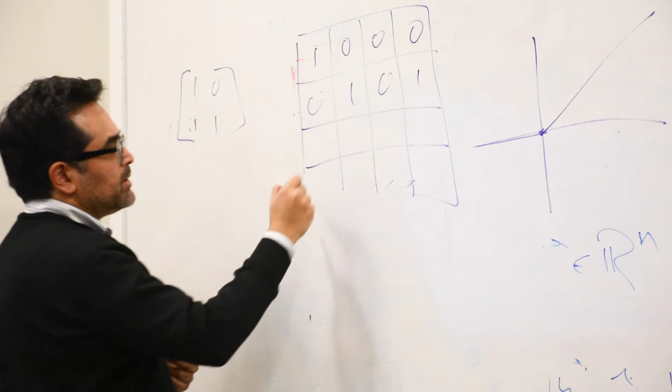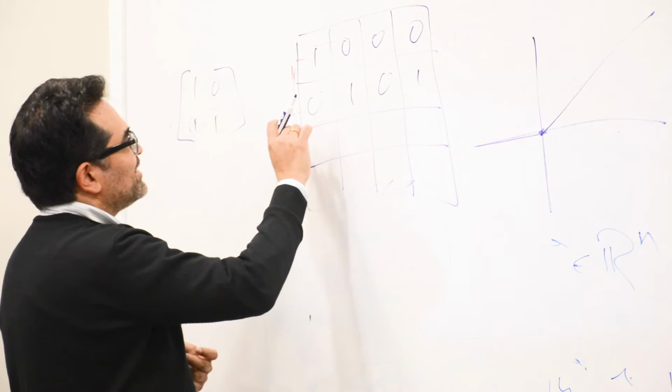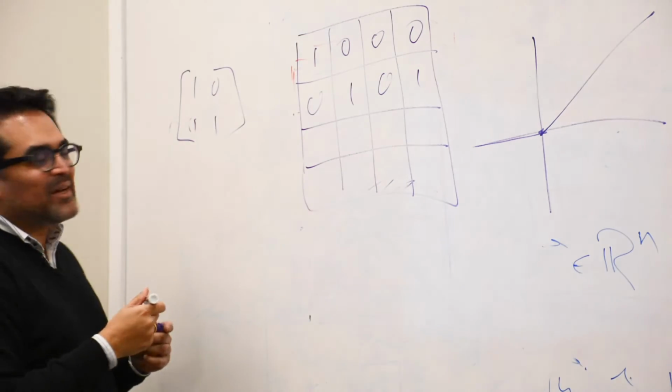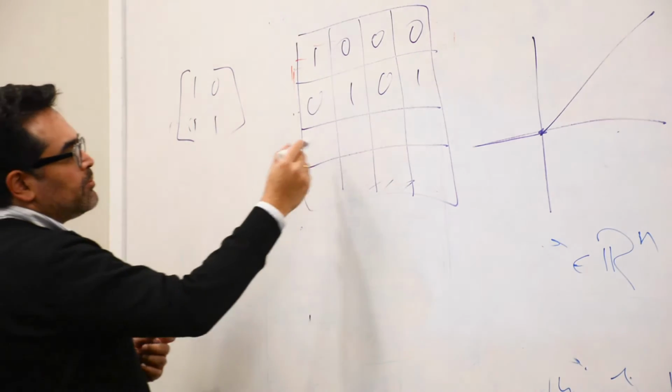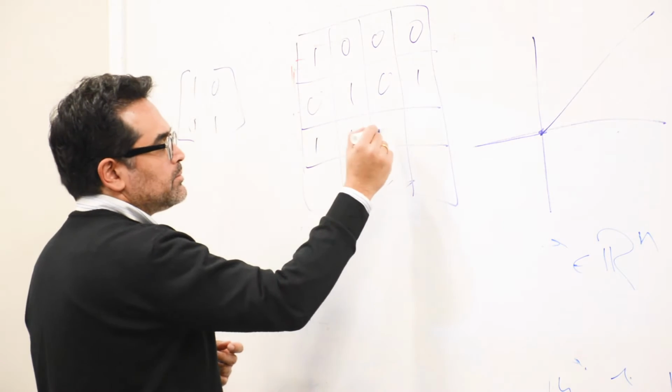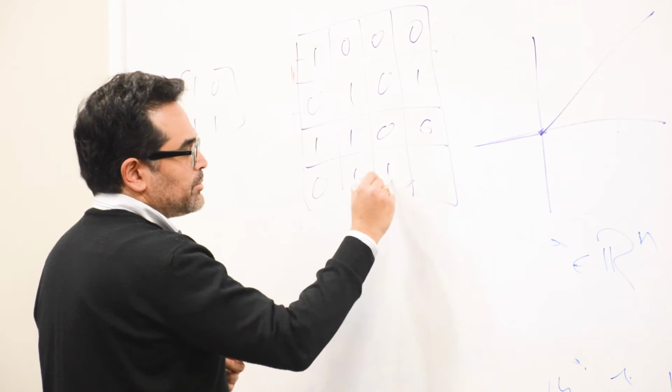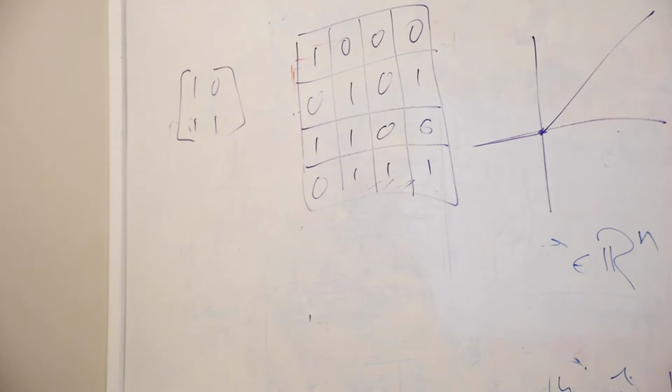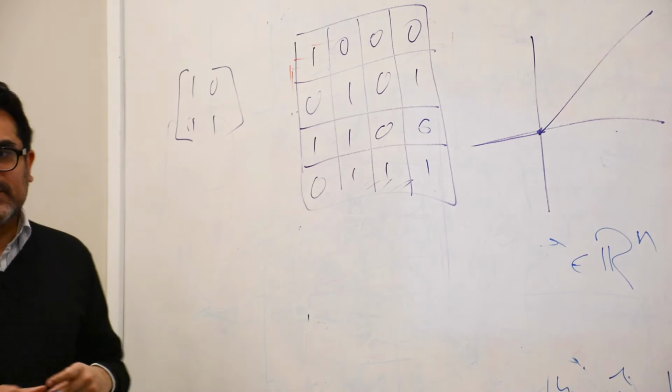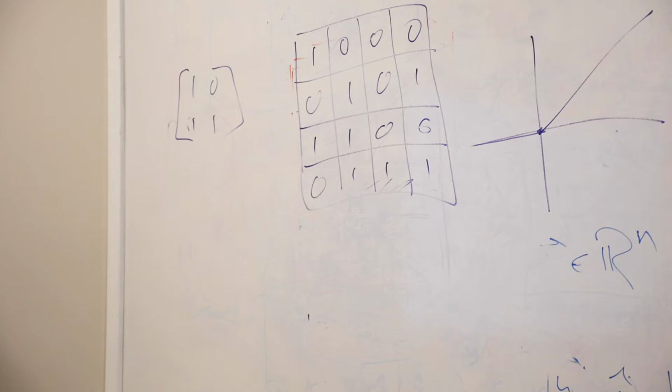Let's do 3, and then maybe 1, 1, 0, 0, 0, 1, 1, or something like that. When I apply this, I'll actually get some sort of a feature map.